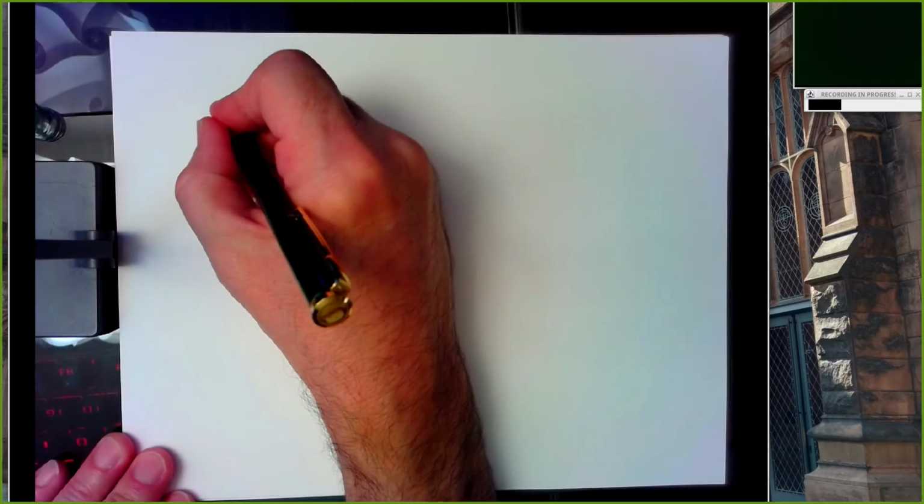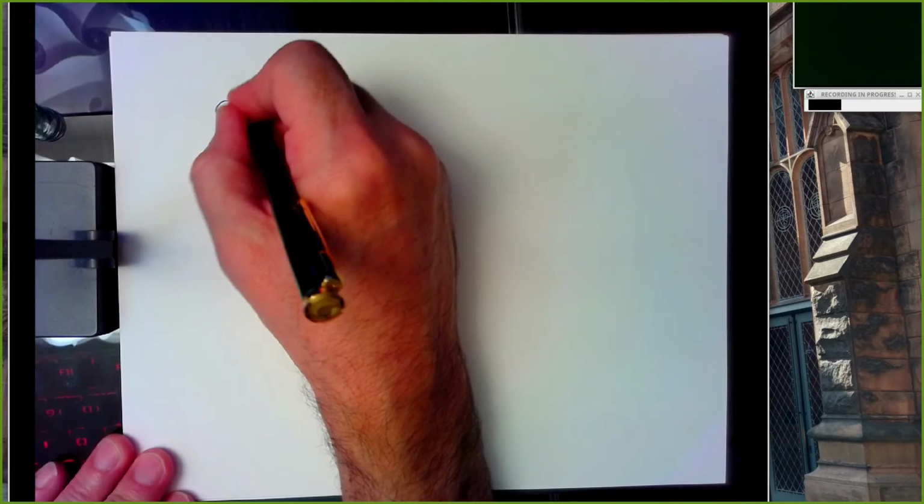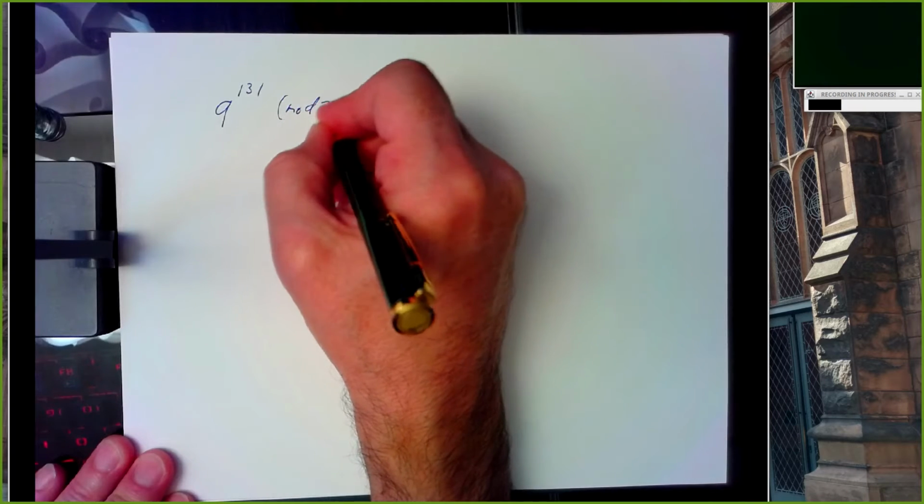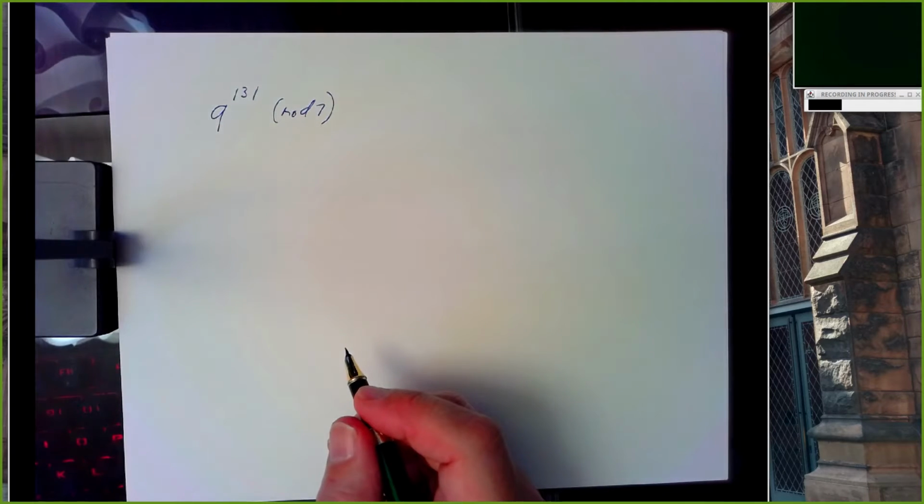All right, the next question was using modular exponentiation to calculate 9 to the 131st mod 7. Modular exponentiation is a very specific algorithm, and it goes in a series of steps.